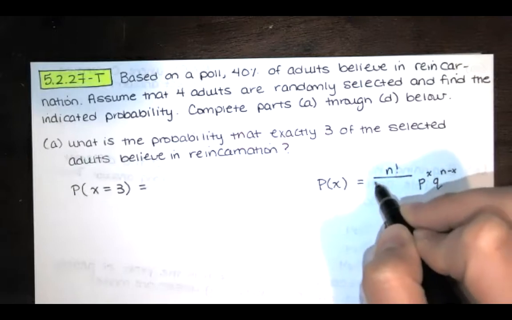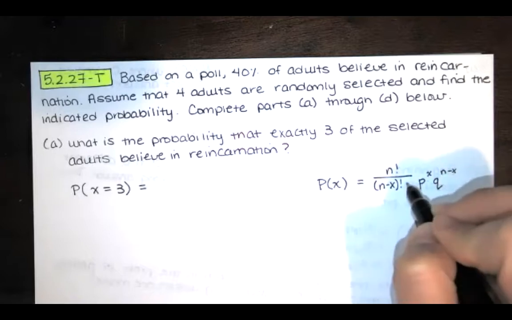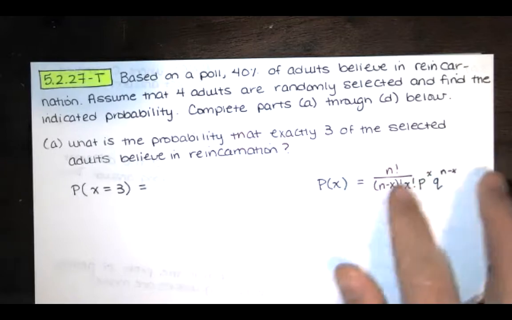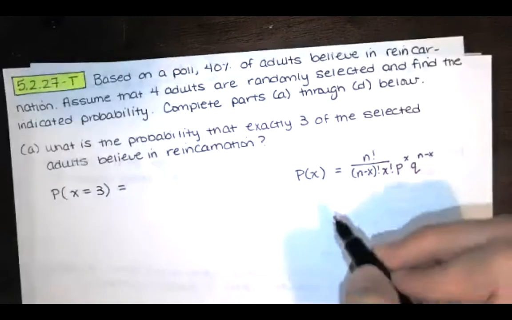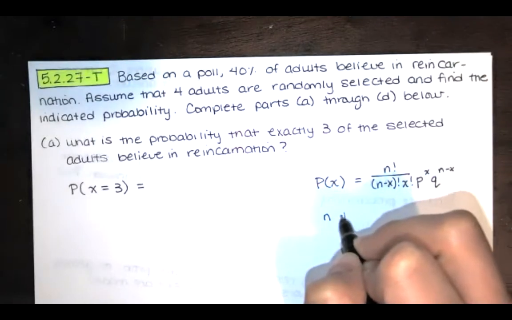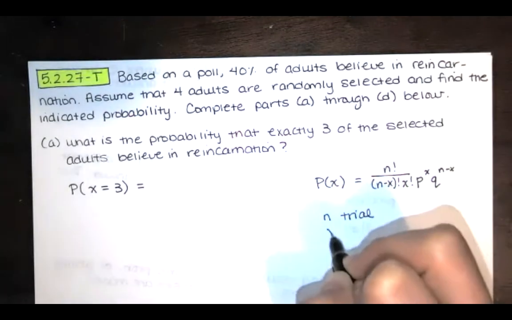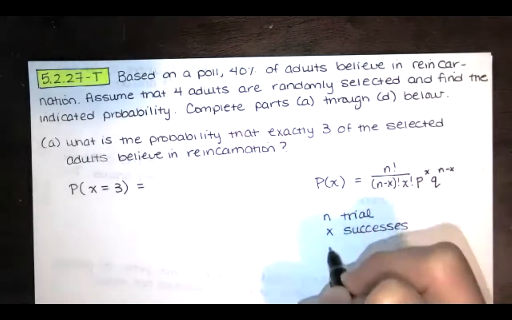So we've got n and we're choosing x of those, and we actually don't care about the order. And so we get that right there. So that's the probability of X successes in N trials. We have N trials, X successes.